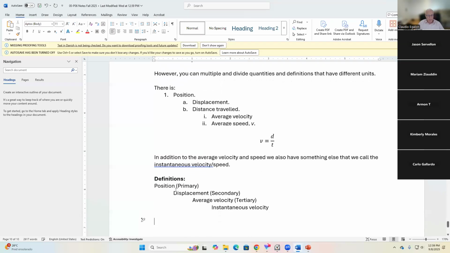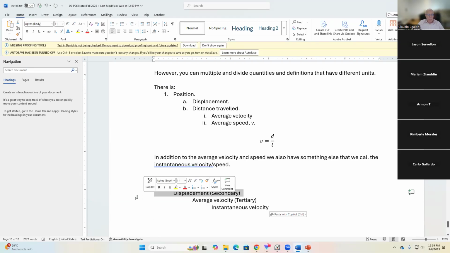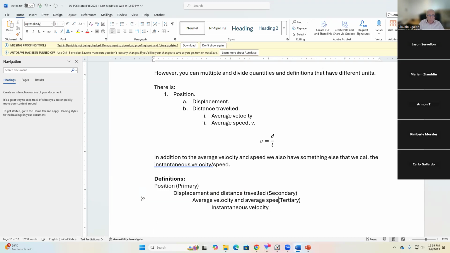So here you go. Position, I'm not writing down the distance traveled, okay? Displacement, let's put here, displacement and distance traveled, average velocity and average speed, and instantaneous velocity and instantaneous speed.